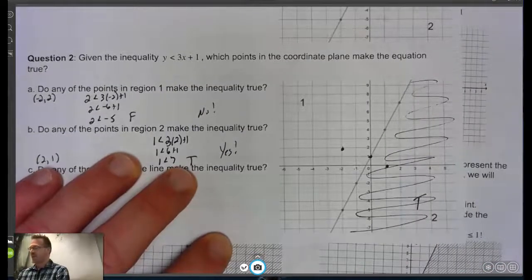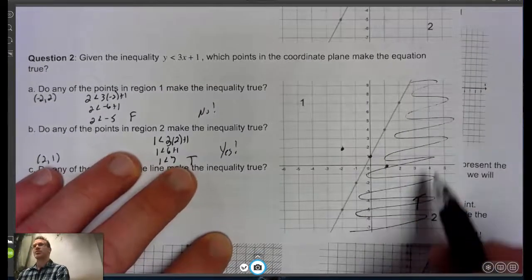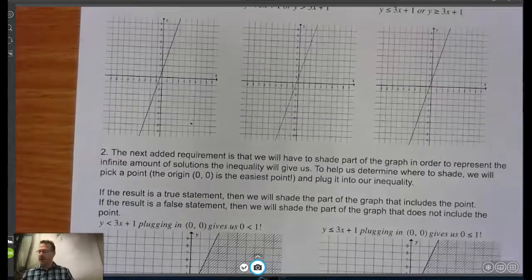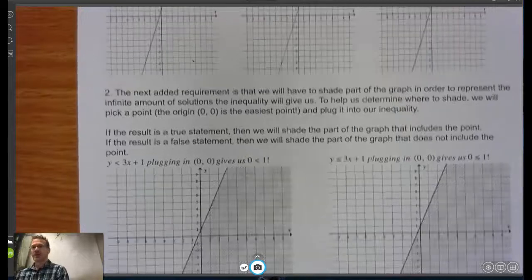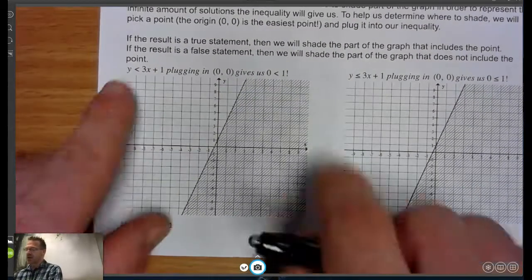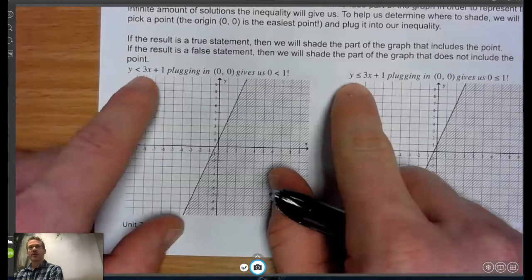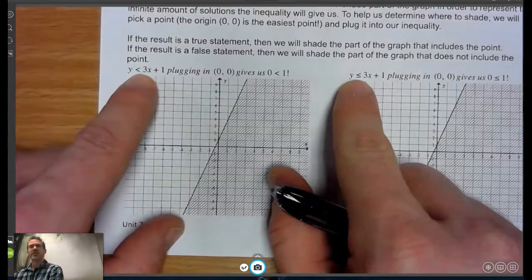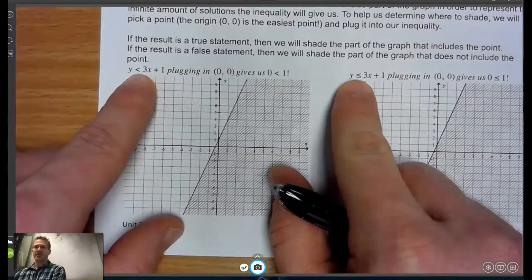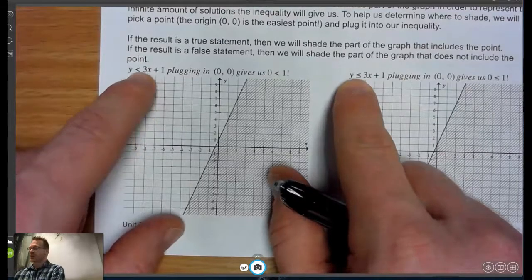That tells me that if I pick any point in the shaded region, it will make that inequality true. You can see that's what I have right here. The only difference in these two inequalities, this one being less than or equal to, is that it's not going to affect the region that we shade. What it affects is whether we get to include the line.